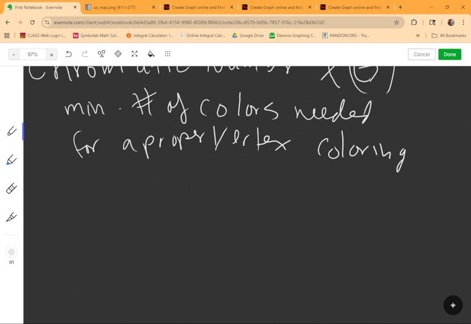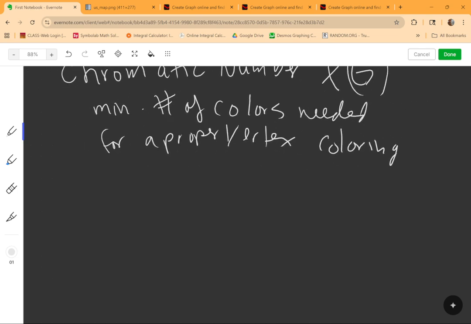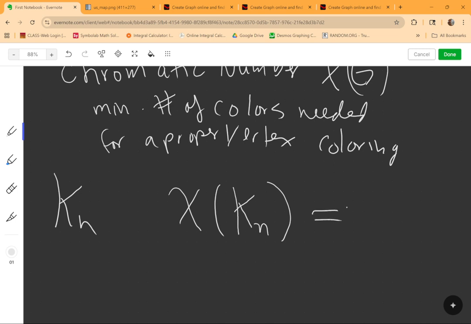Now, some common graphs that we see. The complete graph, K_n: every vertex is connected to every other vertex, so they're all adjacent to each other, and the chromatic number of a complete graph will always be n.